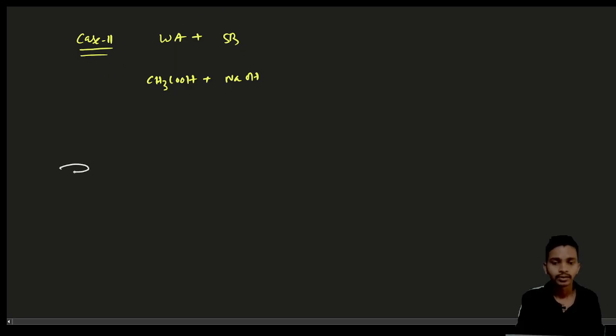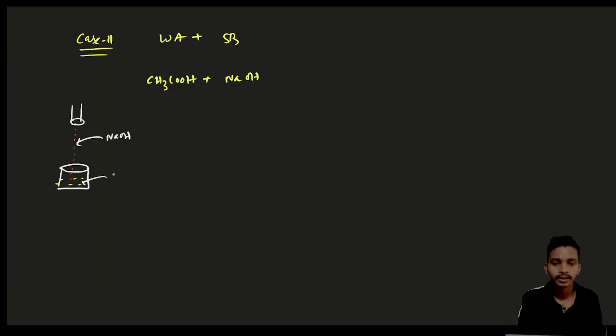So in the solution, I have the weak acid, and we are adding the strong base drop by drop. Here we are adding NaOH drop by drop, and here we have the weak acid, CH3COOH.